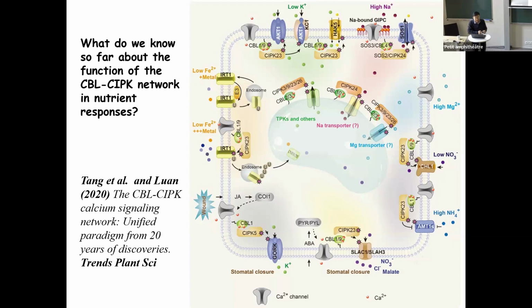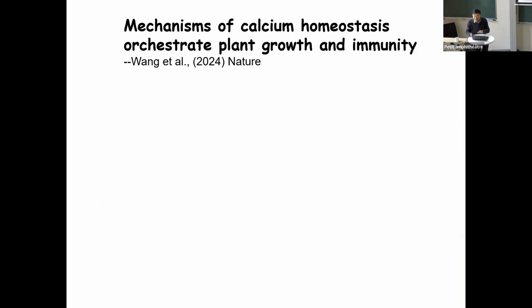Most of the mineral transport and utilization is controlled by the CBL-CIPK network. So as I said at the very beginning, calcium is a mineral nutrient by itself. Does calcium as a signal control its own use efficiency or its own homeostasis? The answer is yes.